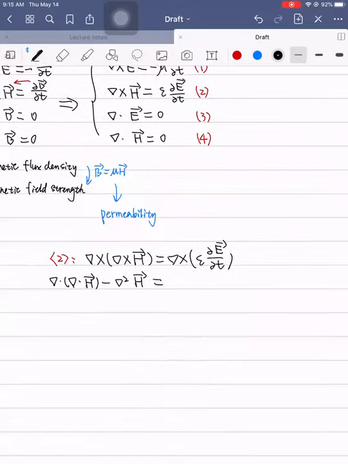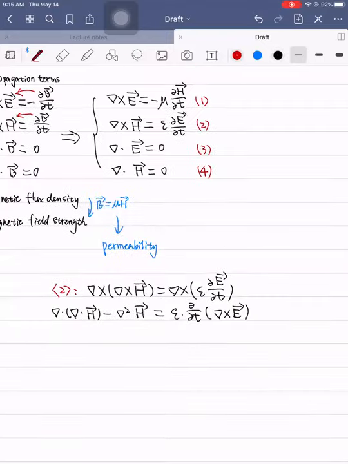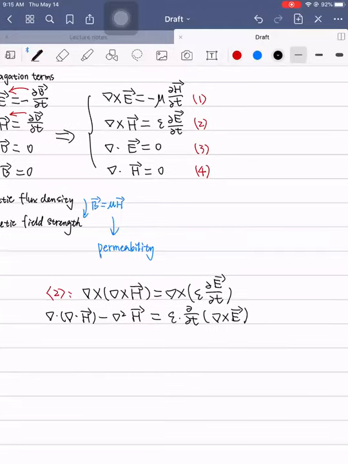And for the right-hand side, we can exchange the nabla operator and the time derivative. So we can get, okay, that's good because now we can use equation 1 and equation 4. Then we will cancel out this term.